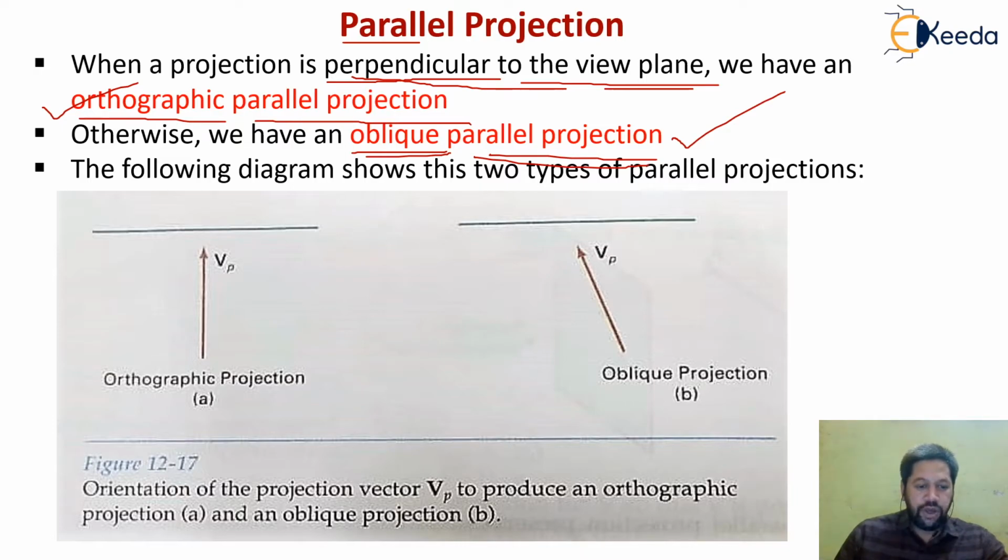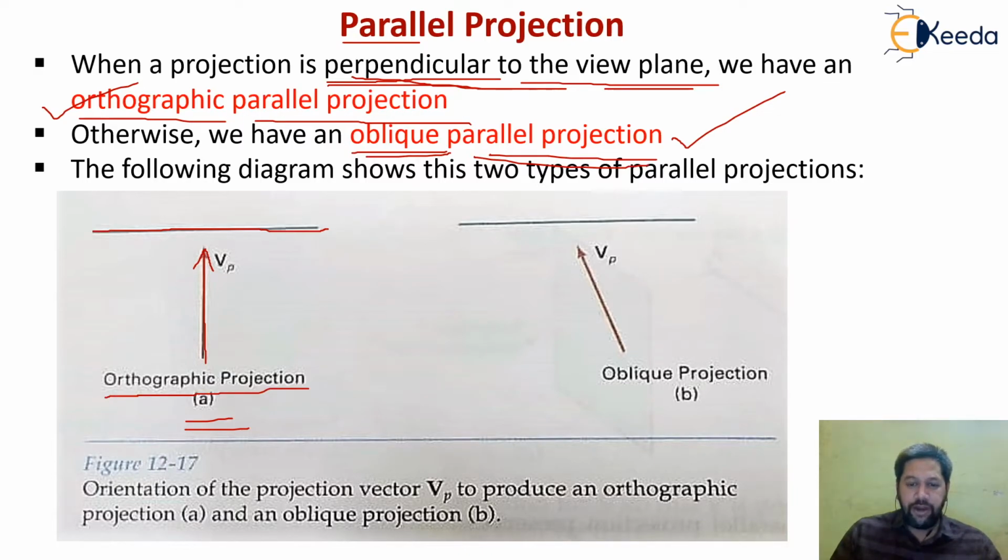Here you can find the orthographic projection, that is my diagram A. In orthographic projection, this particular line that I'm considering is the projection, and this is the scene that I'm going to capture. The projection is perpendicular to the view plane, so that's why this is called orthographic projection.